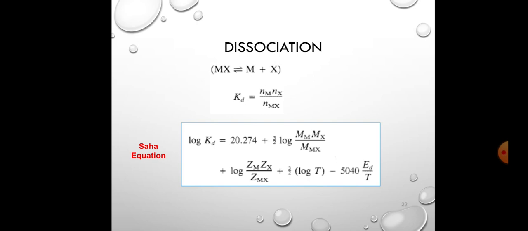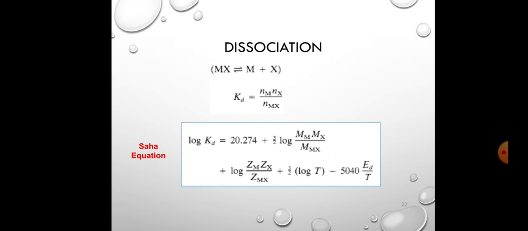For calculating the dissociation constant, we have an equation that's called the Saha equation. Log of Kd is equal to this equation. The last part of this equation is the most important one, that is Ed divided by T. Ed is dissociation energy and T is temperature.